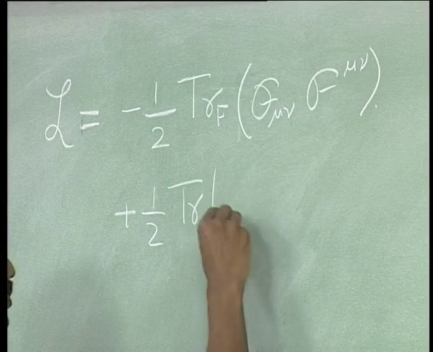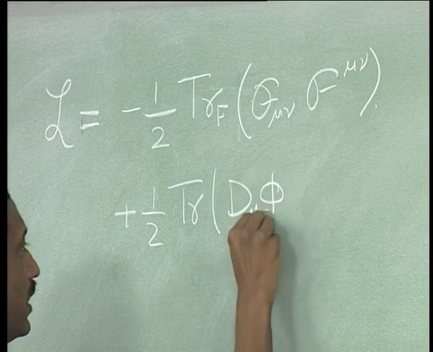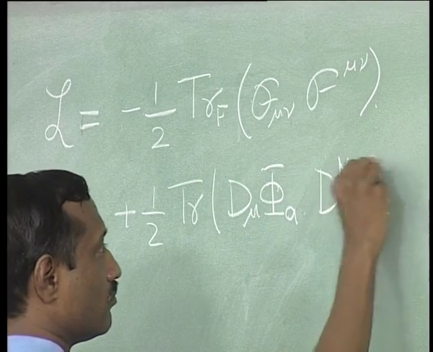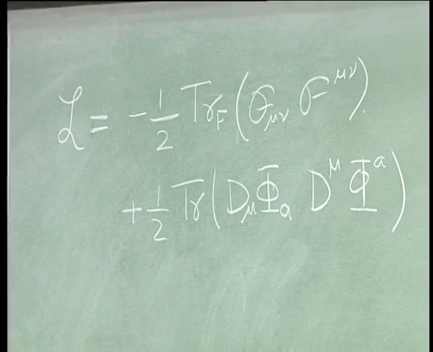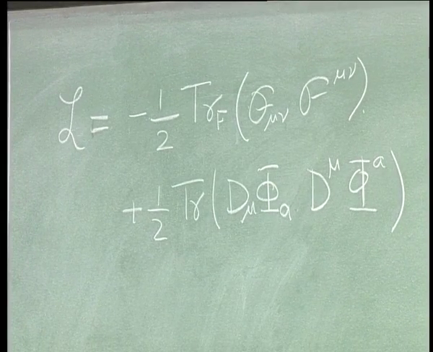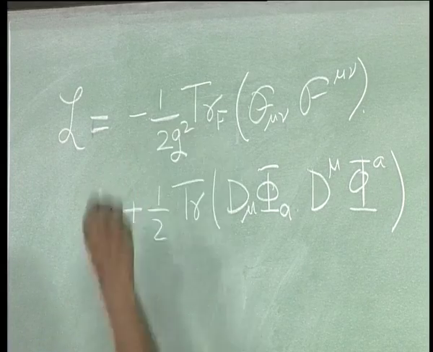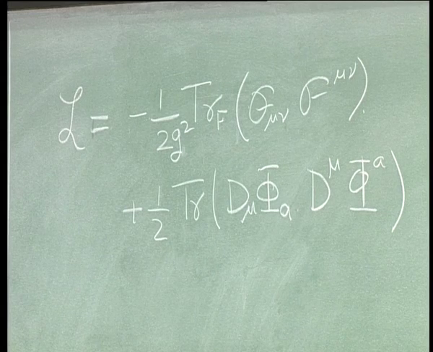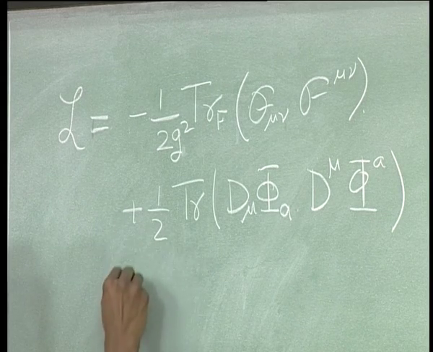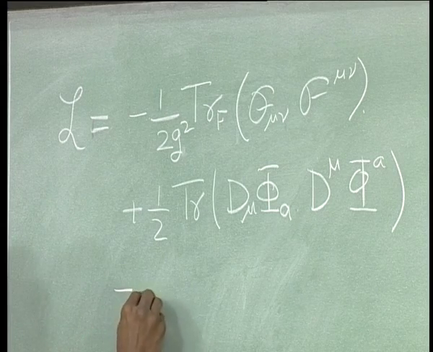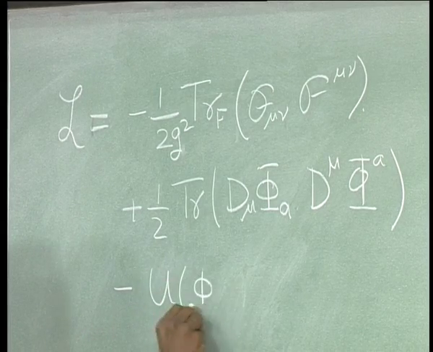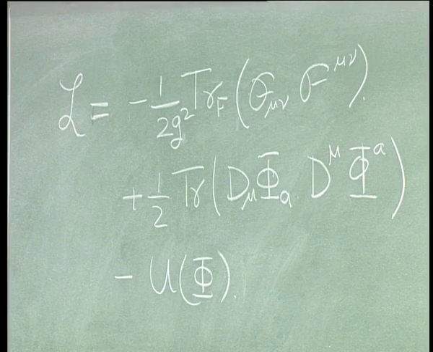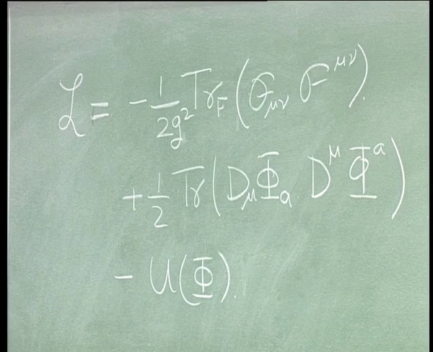So that is just the covariant derivative D mu of phi A squared. This is the first thing we would have written, and let me put a coupling, a Yang-Mills coupling G squared, and plus, how do I write this, minus U of phi. Okay. This is what we will write.